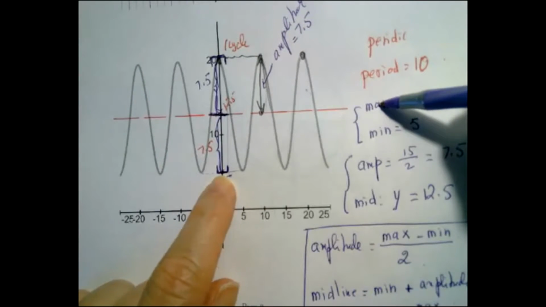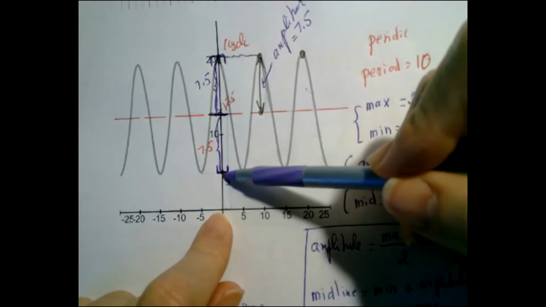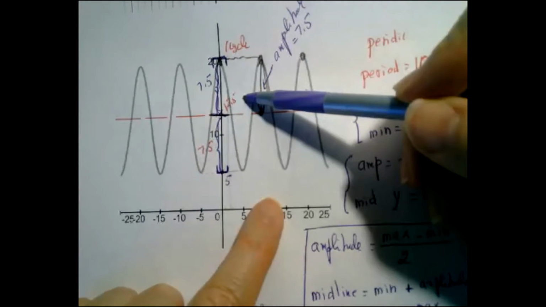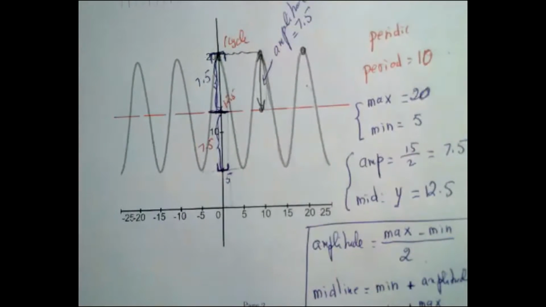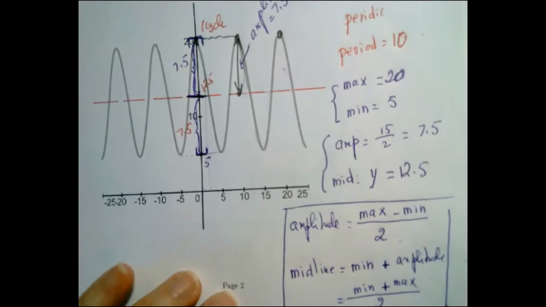Once I do that, the midline is this red line, and then I look at my picture. What's the midline? What's the equation? I have 5 from here plus 7.5. That gives me the 12.5. And the amplitude is the distance from the midline all the way to the max, which is 7.5. So you can either eyeball it or you can use those formulas, whatever you're more comfortable with.